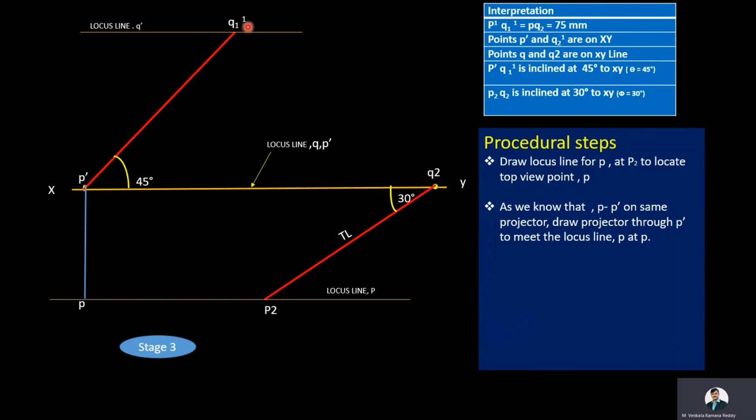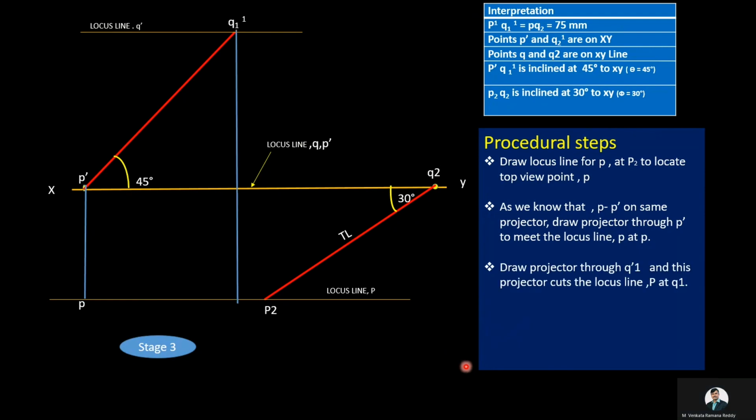P dash Q1 dash is the true length of the line in front view. For this true length of the line, we'll draw the apparent length in the top view. That apparent length of the line is passing through P and parallel to the XY line. Then at Q1 dash, draw a projector vertically down. After that, from P, draw a line parallel to the XY line.